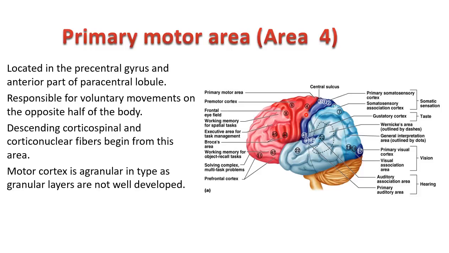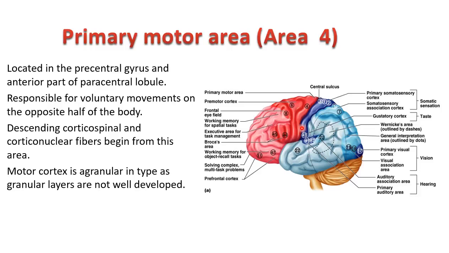It is agranular in type, that is, the granule cells are not present in this. Only in the sensory cortex do you see granular type of cortex, whereas this motor cortex is agranular type, mainly concerned with motor functions. Lamina 3 and 4 are absent.